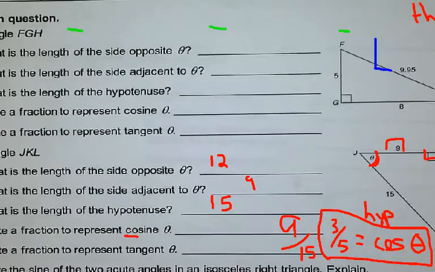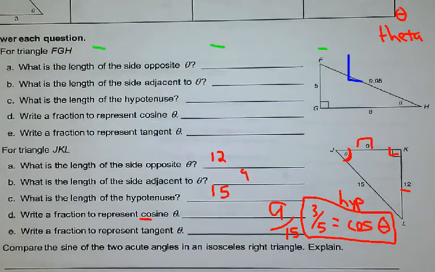And then the tangent is the opposite side over the adjacent side. So the opposite side is this one, and the adjacent side is this one.